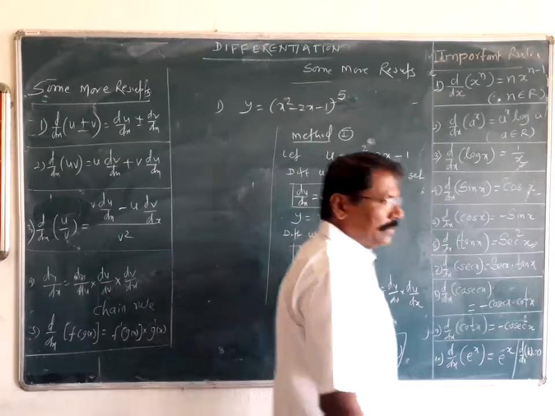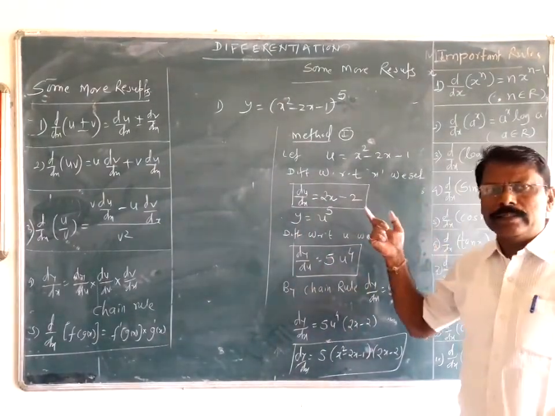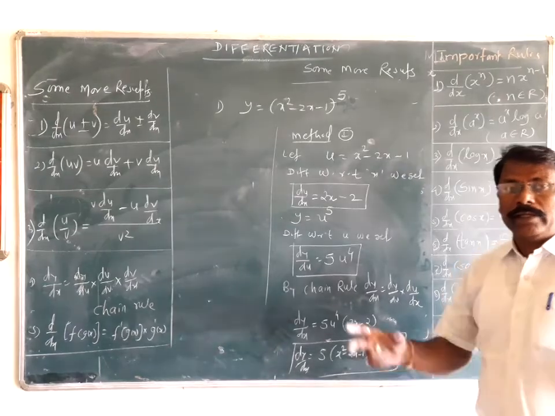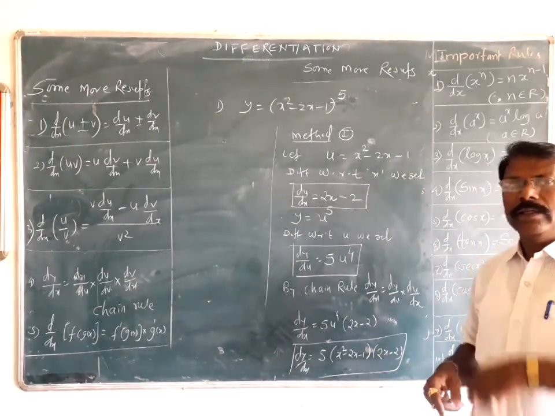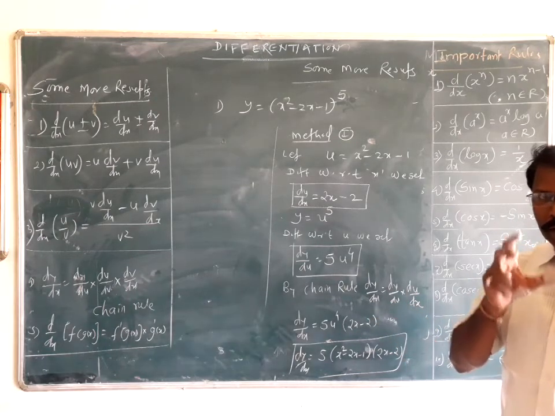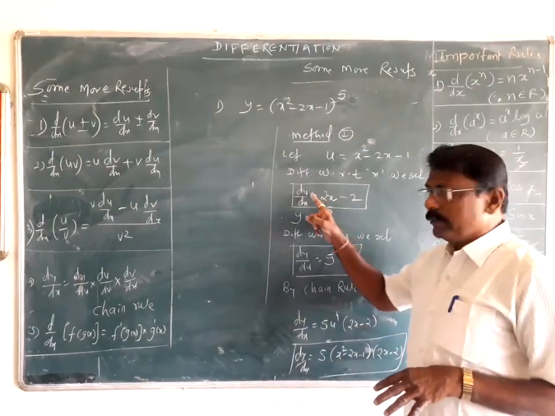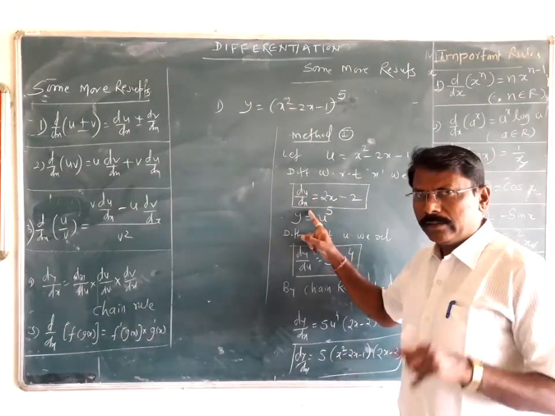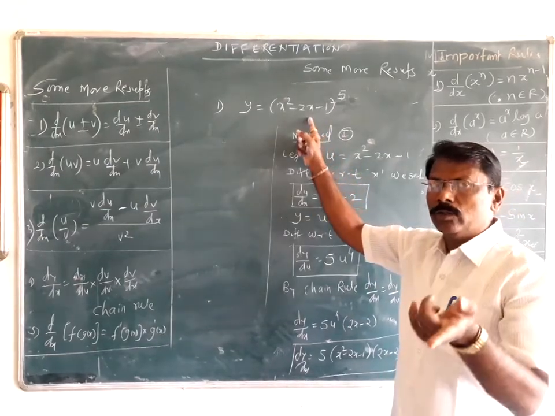This is method number 1. But sometimes, it is for the 2 marks that you can use this. But if they are big examples, then use u, then again v, then again w, it will be complicated. My conclusive statement is: find the derivative of this function according to the rule.